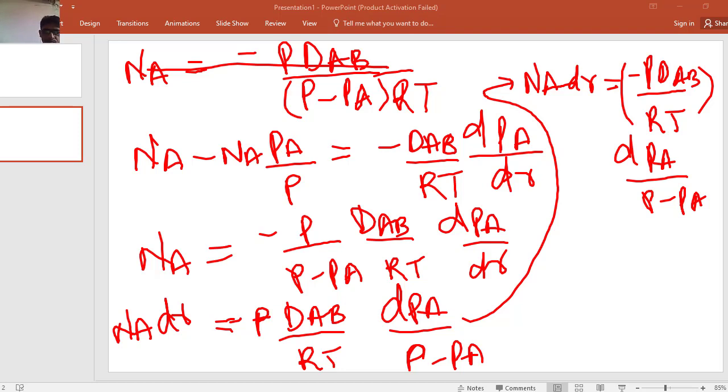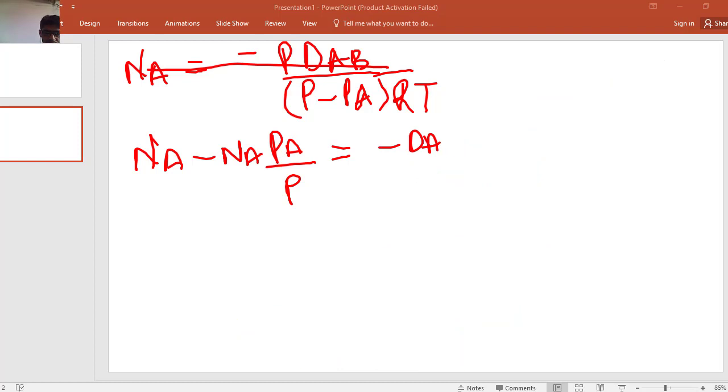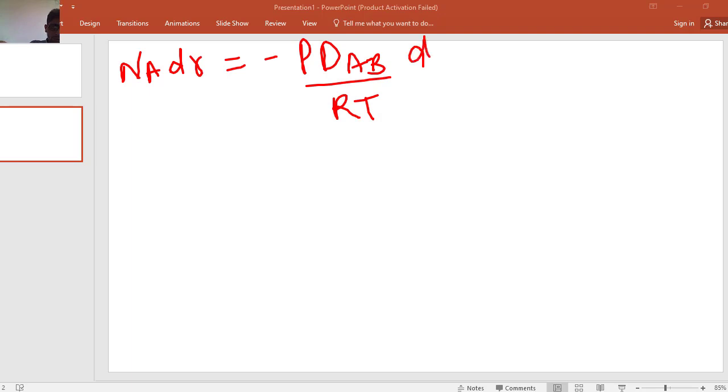So NA is equal to minus P DAB divided by RT, dPA divided by P minus PA.